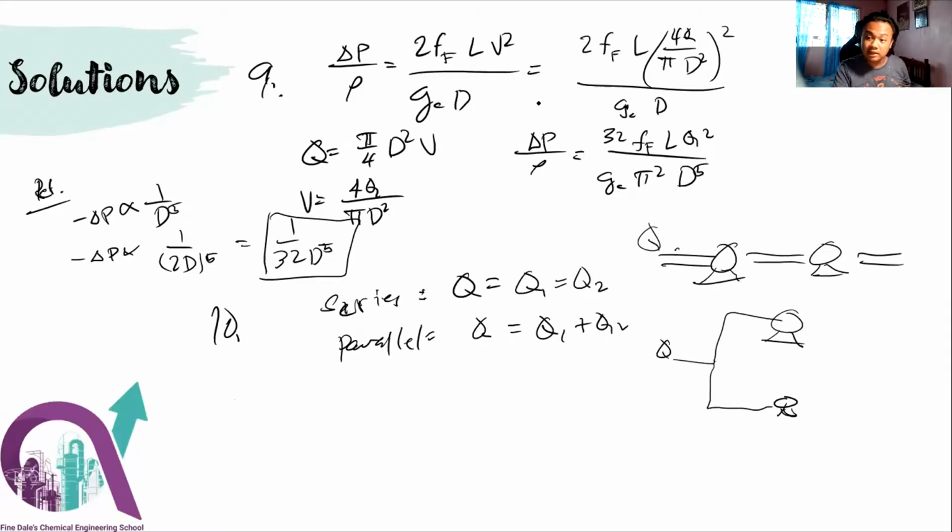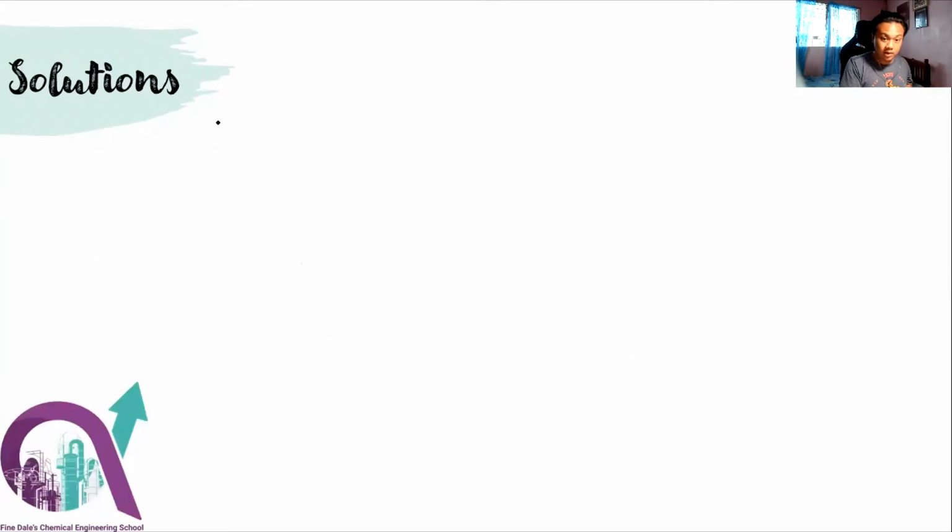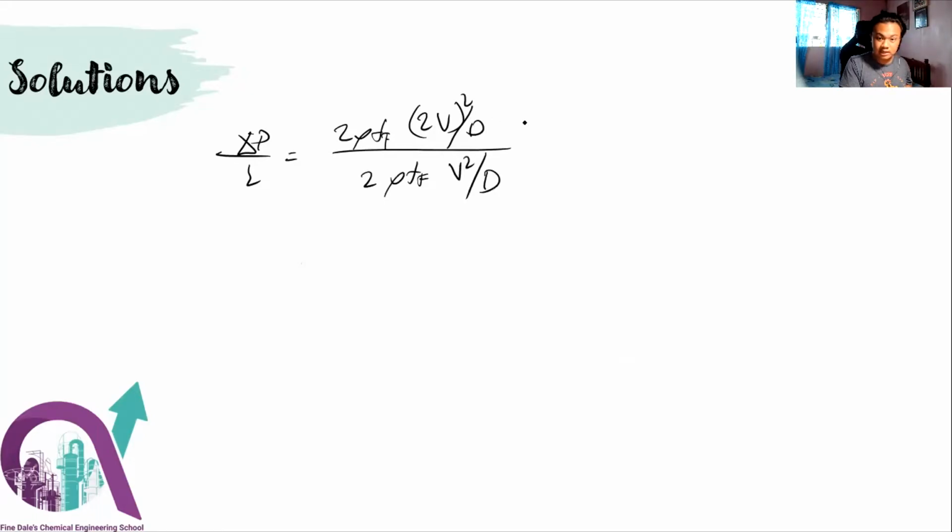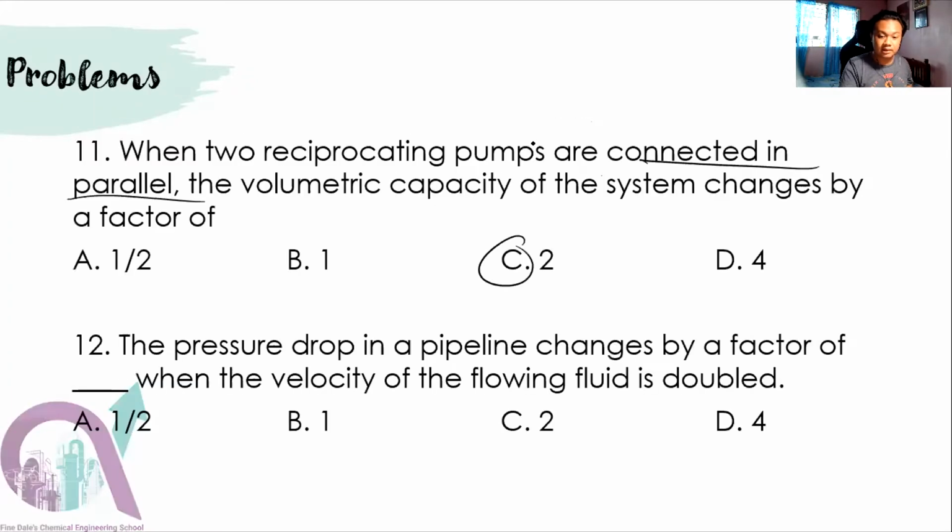So we have ΔP, you have L there, and then you have 2V over D squared, over V squared over D. So if you can see, everything cancels. Ang mabilin is 4. So this is 4 times the pressure drop of the pipeline.